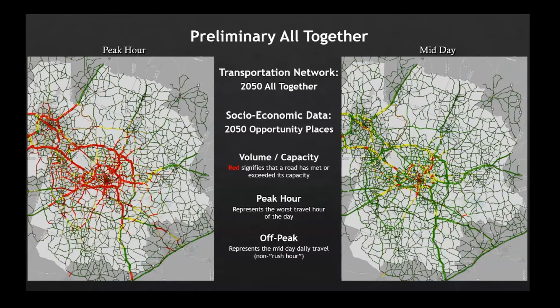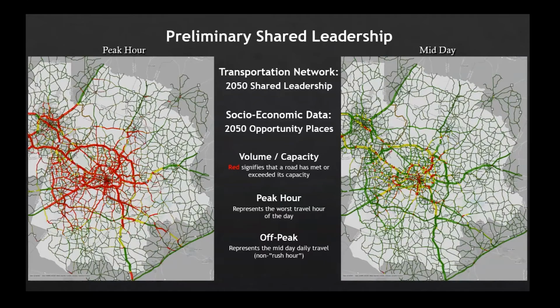It has the more expansive commuter rail lines that Andy talked about. So you see that there's fewer vehicles traveling on the roads, and it's got the build out of the bus rapid transit that's planned in both the Wake Transit studies and in the 15501 corridor in the Durham, Chapel Hill, Carrboro MPO area. So if you can toggle back and forth between those two, Bonnie, just a few times.